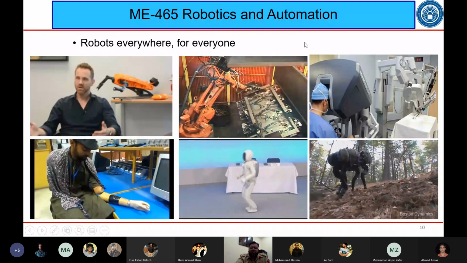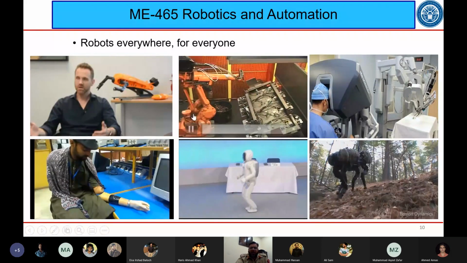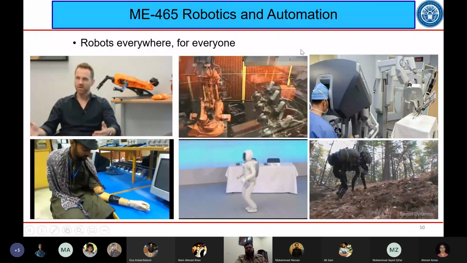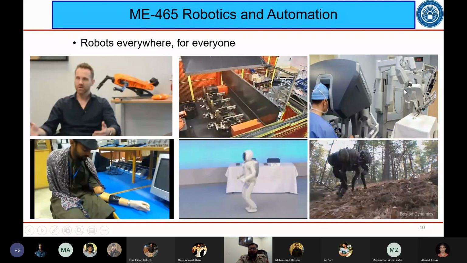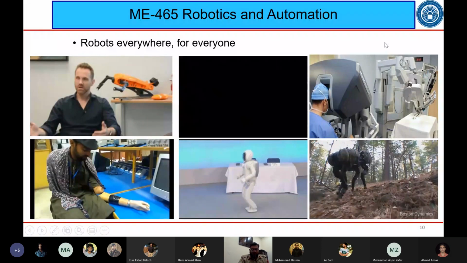So this is the manipulator video I was talking about. You can see that this is a robot manipulator which is fixed at the base. This type of robots are called manipulators. If you look at this picture on the right side, a doctor is carrying out a surgery with the help of this robot.